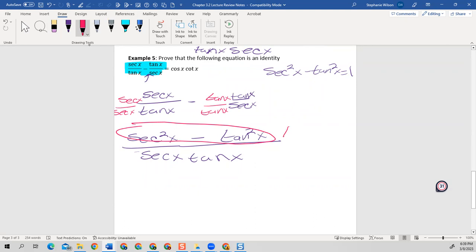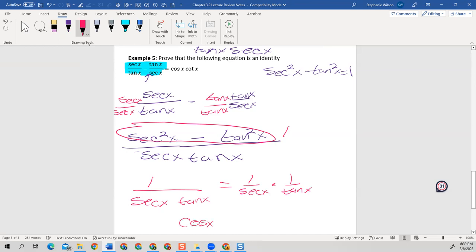So now I have 1 in the numerator over the secant x tangent x. And when I do that, I'm going to do one more step. I'm going to break it apart. And what do I know about 1 over secant x? Well, I know it's cosine x.